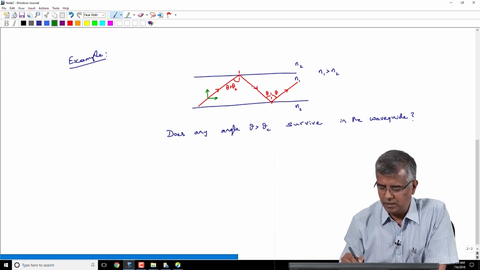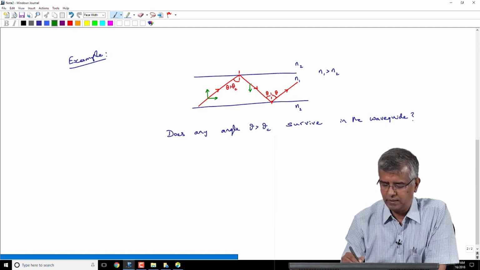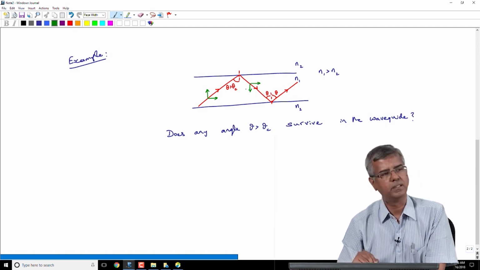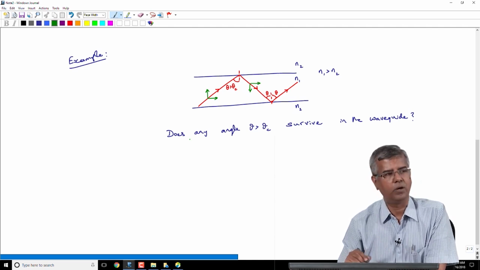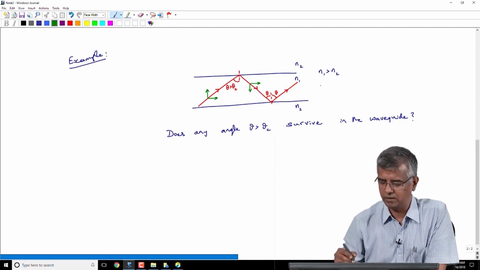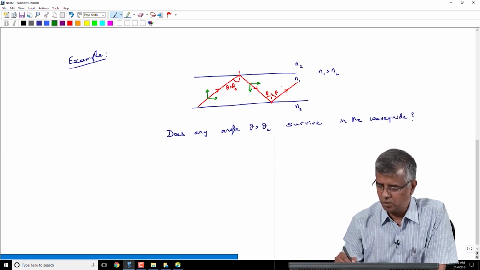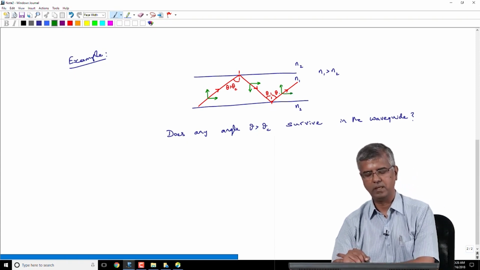And similarly, when we look at this wave vector, this will have a component that is pointing down, another component pointing to the right side, and similarly over here also you have the same case.